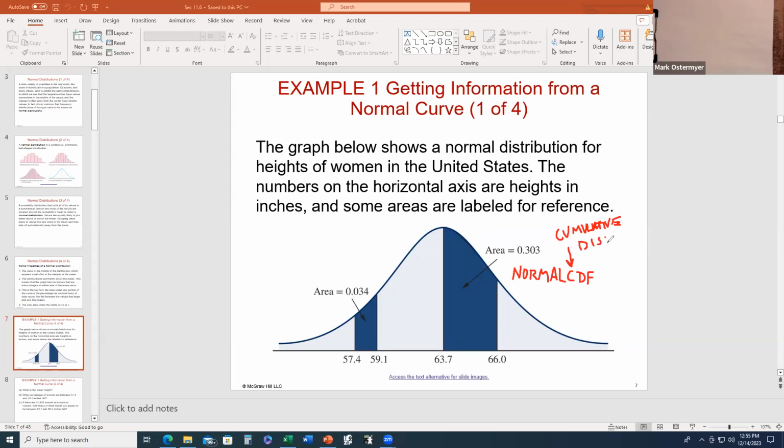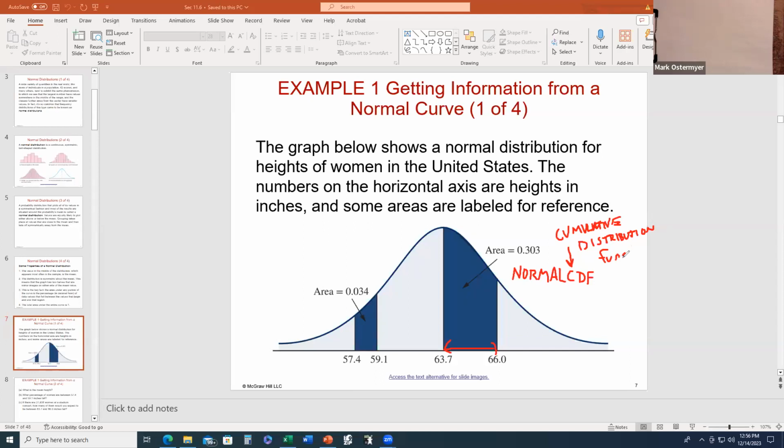And this wonderful function that's built into our calculator will enable us to compute the area underneath this normal distribution curve between any two values on the horizontal axis. So it'll enable us to compute the area underneath this normal distribution curve on this interval. We call this an interval. So that's a wonderful function that's built into our calculator.